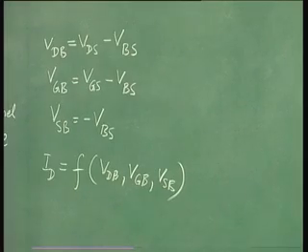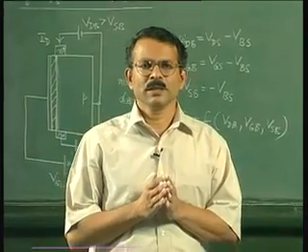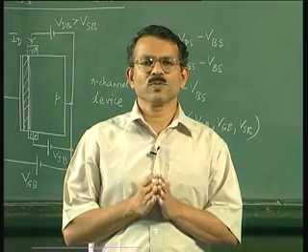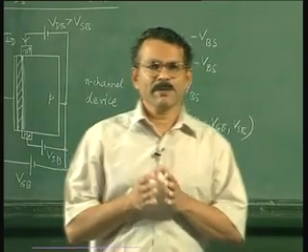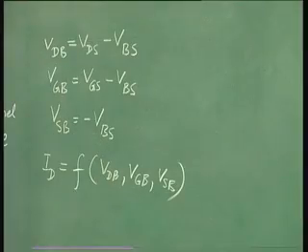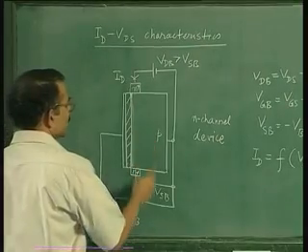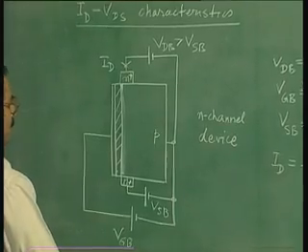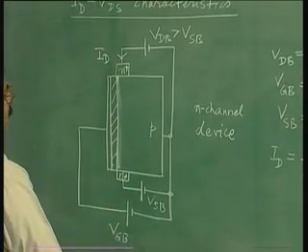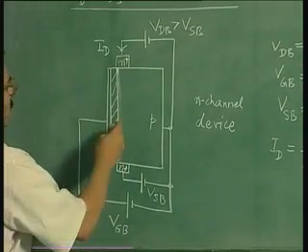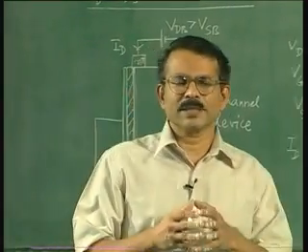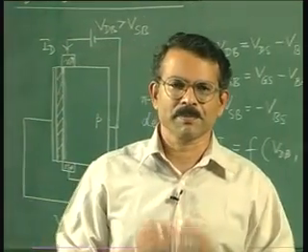So that is the outline of our approach which will be used to find out the characteristics. It will become clear when we discuss the charge picture inside the device what is the advantage of using the bulk as the common terminal. When we do that, we will be able to write the equations for various charges very easily in terms of the physics that we have developed for the MOS capacitor.